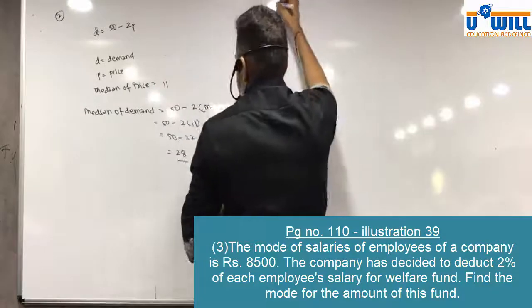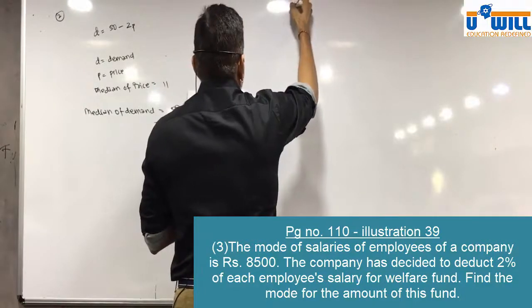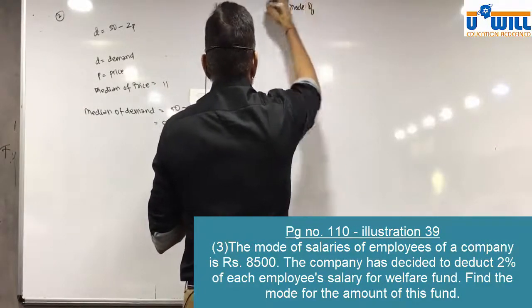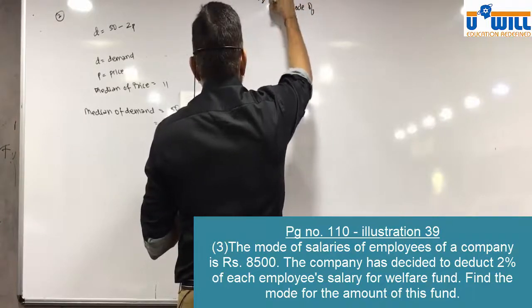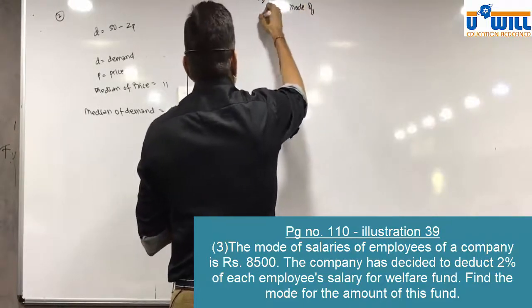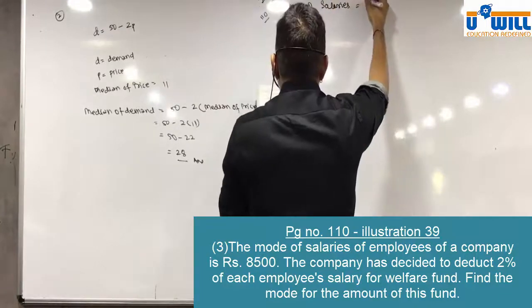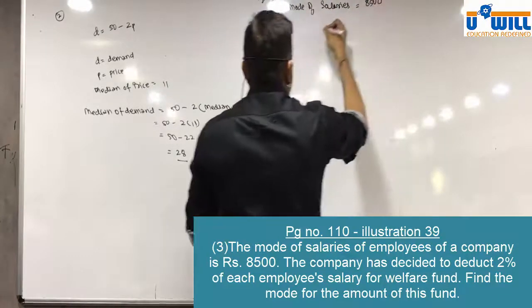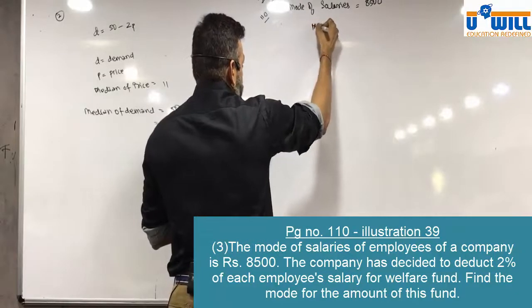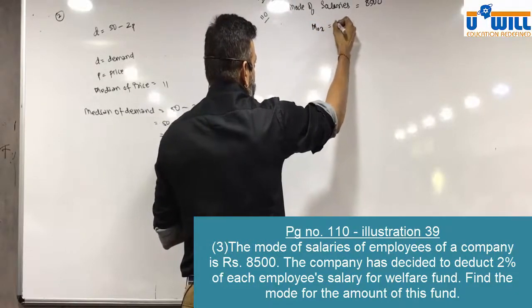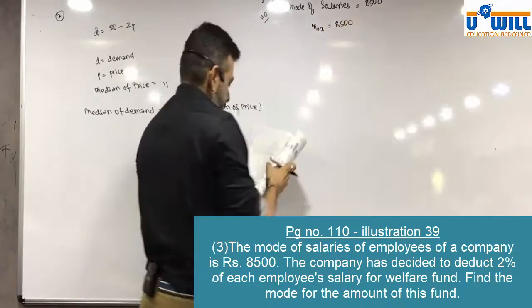Mode of salary. Question 3. This is illustration 39, page 110. Mode of salary is equal to 8,500. I'll take this as mode of x is equal to 8,500.